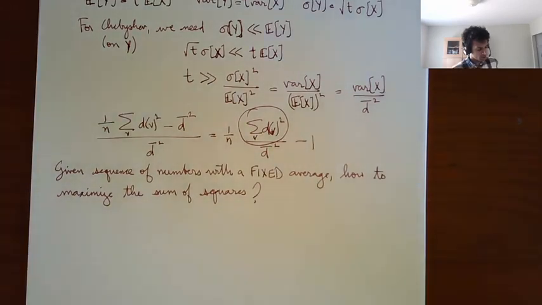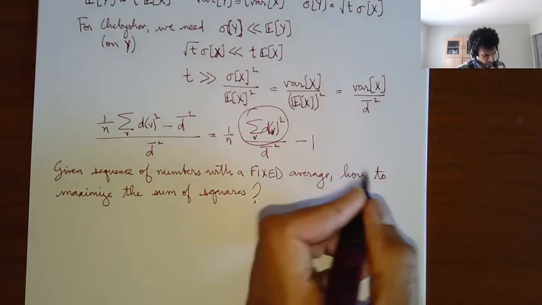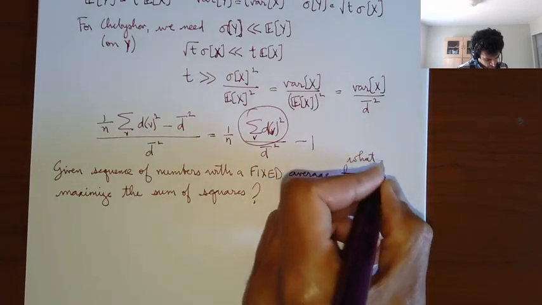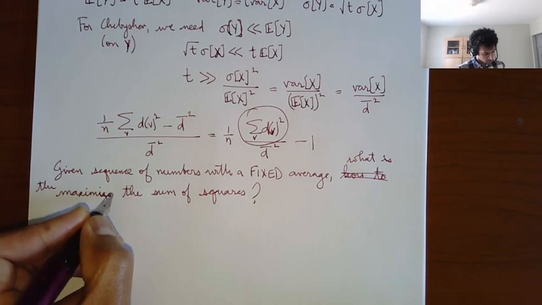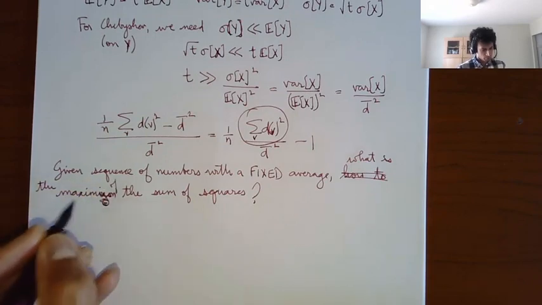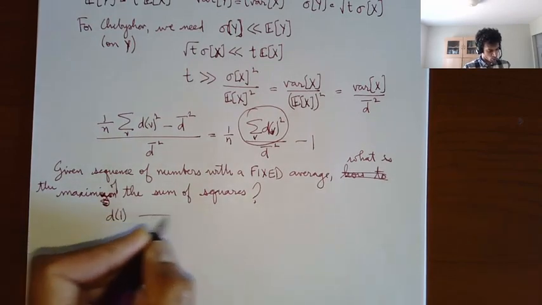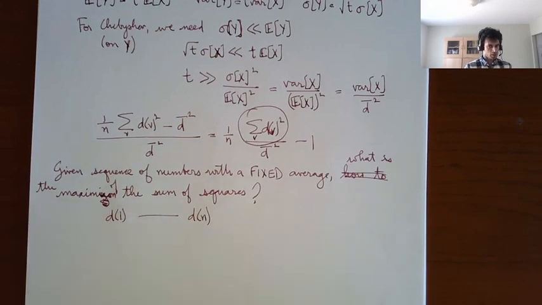Or what is the maximum? Does this question make sense? So I give you a bunch of numbers, right? So you have these numbers d1 up to dn. What should you choose these numbers to be to maximize the variance?